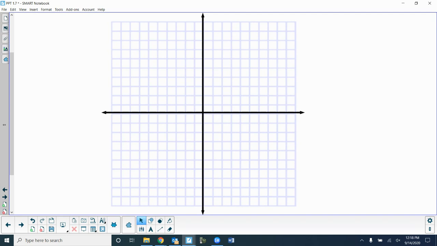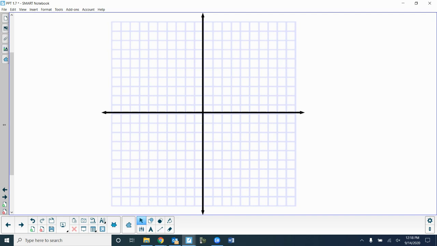All right, number 18. We're supposed to graph that. Okay? So when they give it to you horizontally, in a table like that, the top one will be your x and the bottom one will be your y.